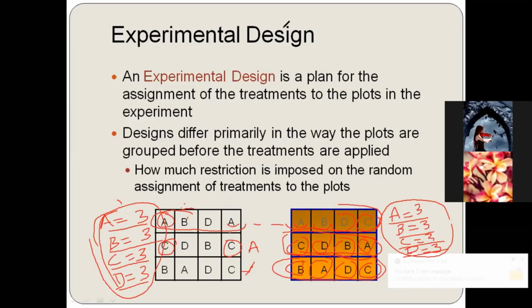Somebody has already said in one plot, actually not one plot, it is one block, right? Okay, she or he is having some problem with the mic. So yes, this is called one block.